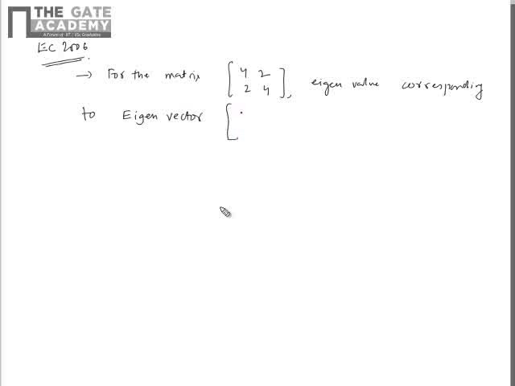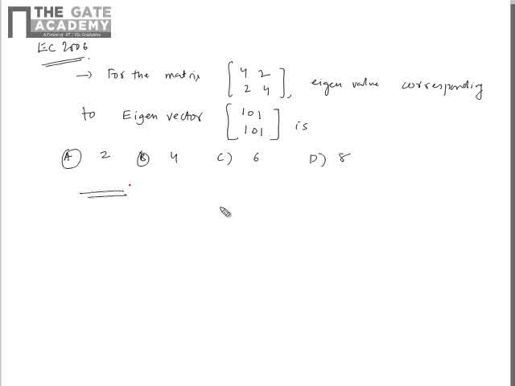For the matrix [4 2; 2 4], the eigenvalue corresponding to the eigenvector [1 0 1] is: A) 2, B) 4, C) 6, D) 8.